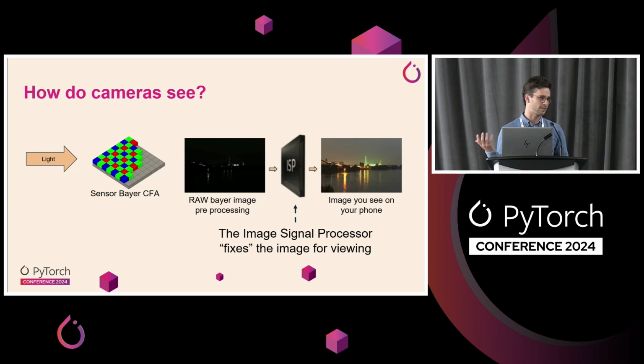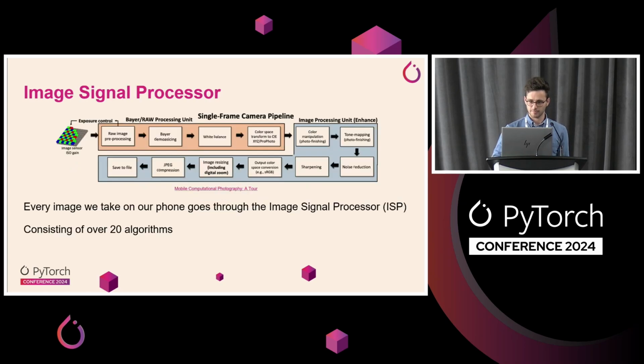And through the ISP, this image that you can see, for example, this dark image that's a raw Bayer image prior to processing that doesn't look like much, goes through the ISP and you get this well-colored, well-lit, well-illuminated, denoised, sharpened image. The ISP is in charge of this entire process.